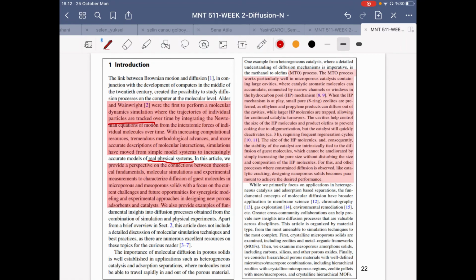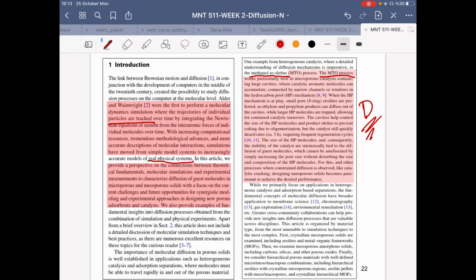This was an important deal because, for these people, the MTO process, the methanol to olefin process, is a very important process in the chemical industry. This whole process is controlled by diffusion and flux and what's happening in there.